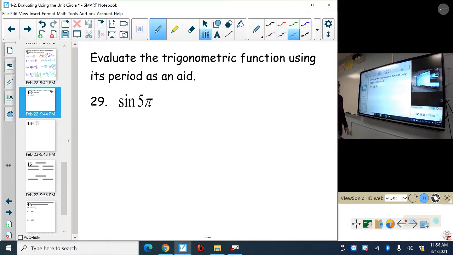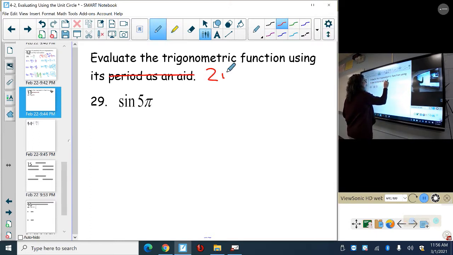Next, 29. Evaluate the trigonometric function using its period as an aid. Its period means how many units it takes to get around the unit circle, and that is 2 pi. So what you're actually going to be utilizing here is 2 pi, meaning how many revolutions around the unit circle. So the sine of 5 pi.